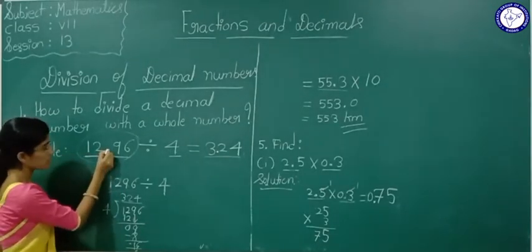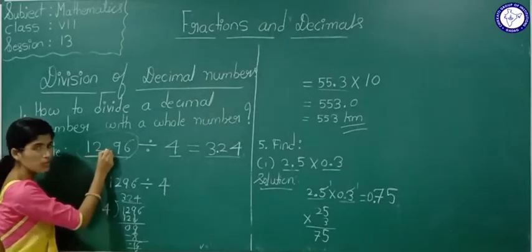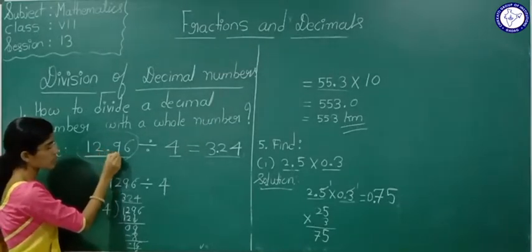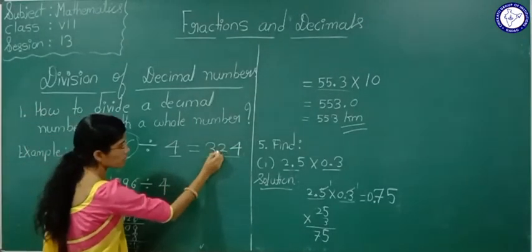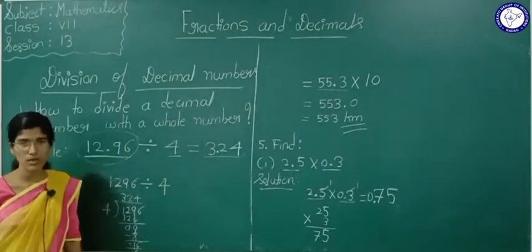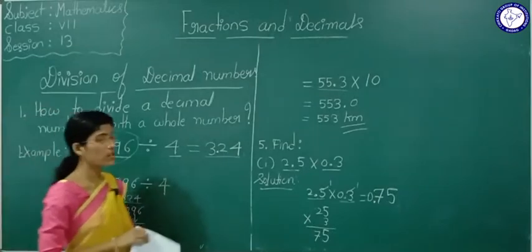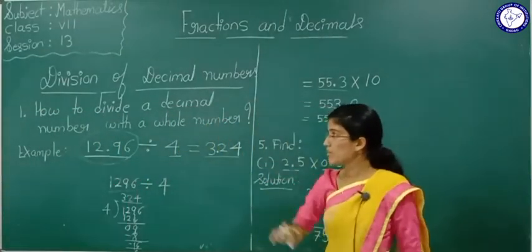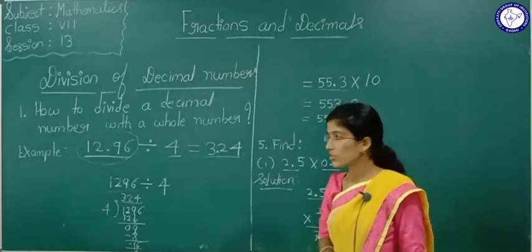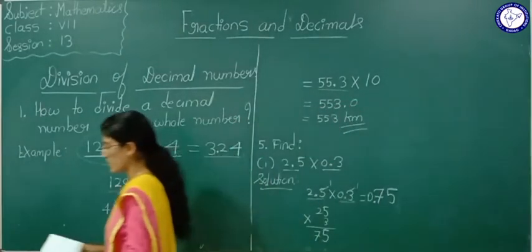In this decimal number, after the decimal point, how many digits are there? 1, 2, right? From the back side, after 2 places you have to put a decimal point. So this is the way how we divide a decimal number with a whole number. Is it understood? So this is the first one.